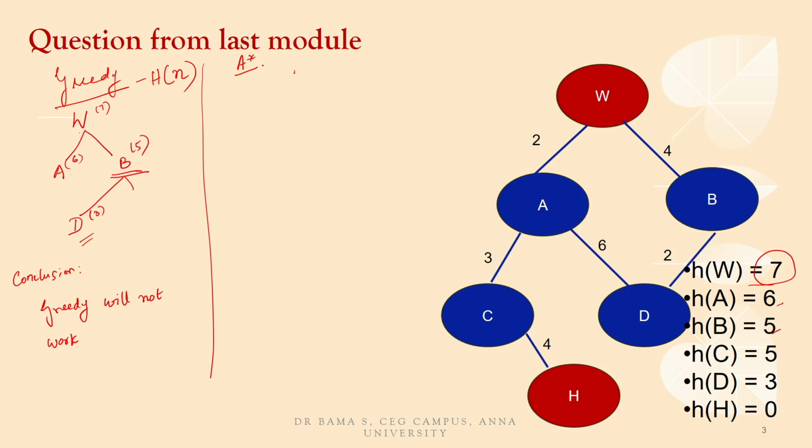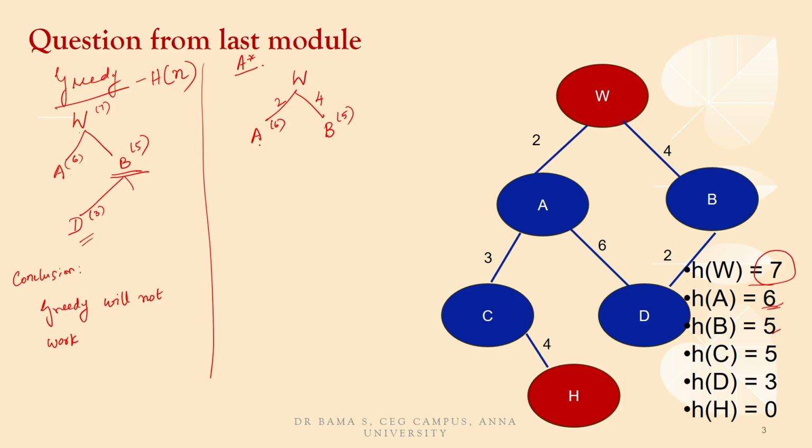Now, let us come to A star. From W we have A and B; the actual cost to A is 2, and from W to B the actual cost is 4. For A the heuristic value is 6, and for B the heuristic value is 5.